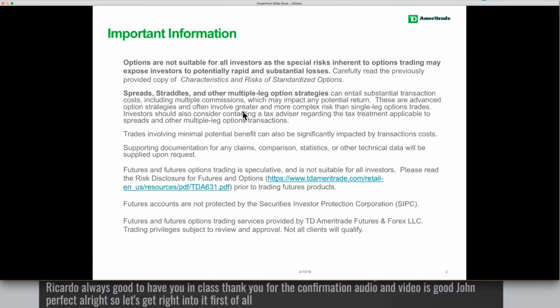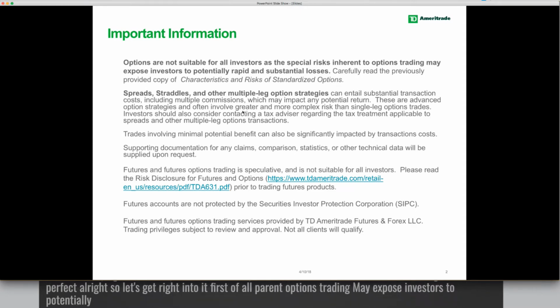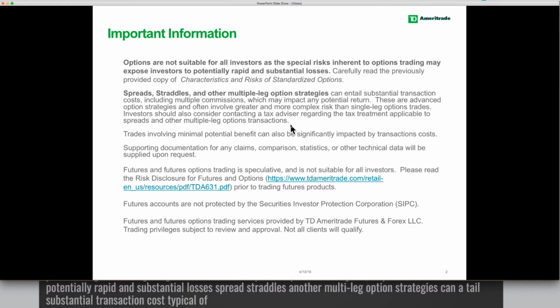All right, so let's get right into it. First of all, options are not suitable for all investors, as the special risks inherent to options trading may expose investors to potentially rapid and substantial losses. Spreads, straddles, and other multi-leg option strategies can entail substantial transaction costs you need to be aware of. Also, the characteristics that are typical of spreads, straddles, and other multi-leg strategies, you need to be aware of those.